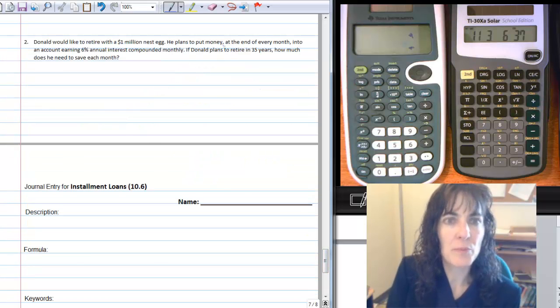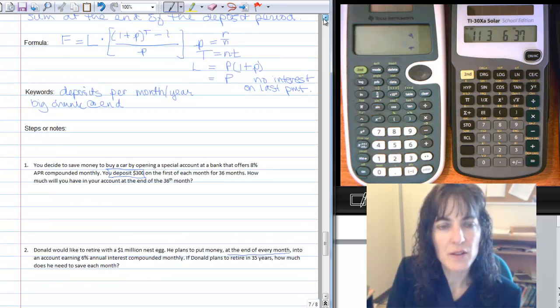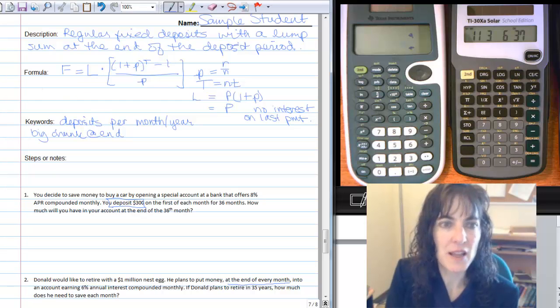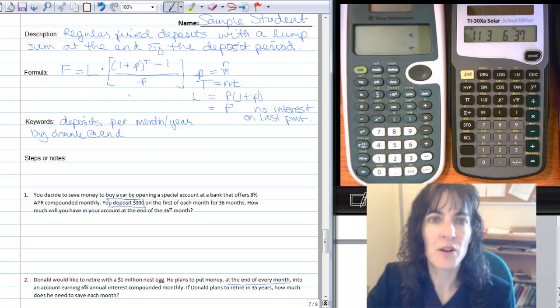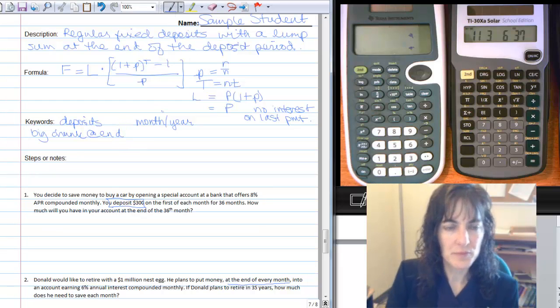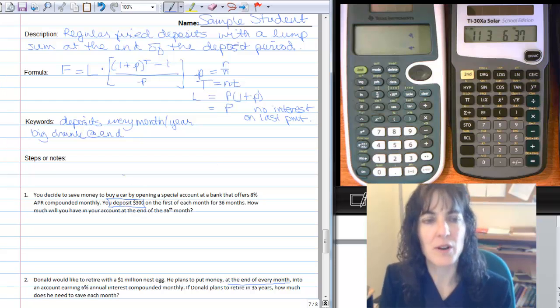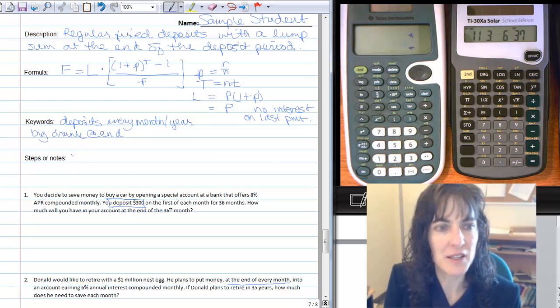The other problem, he plans to put money at the end of every month, so deposits every month or year. And maybe we'll put that as every instead of per. Every month or every year, and you get a big chunk out at the end.